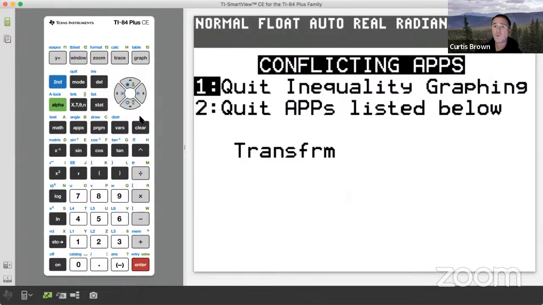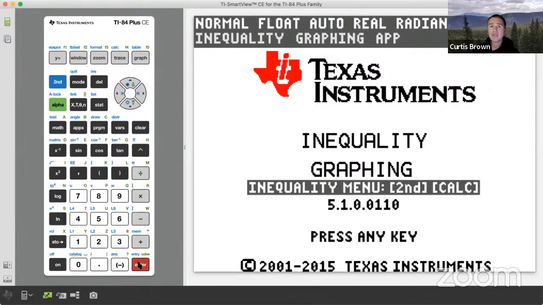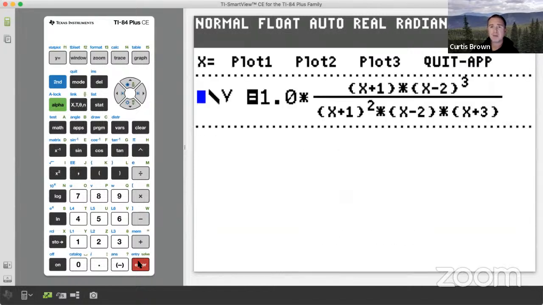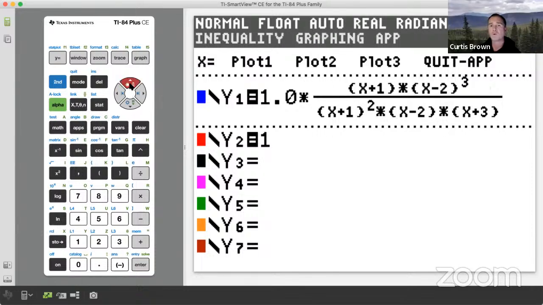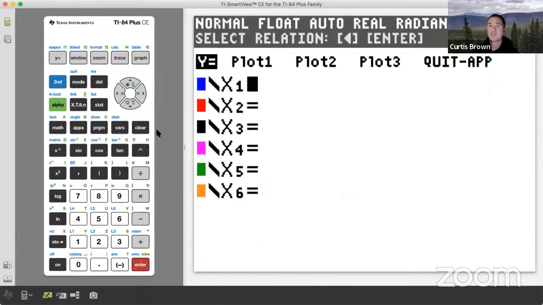Go ahead and quit the transform app, Tom, number 2 there, and then go back and press any key. I always have trouble finding the any key, by the way. Up in the upper left-hand corner, there's this x equals that shows up as part of the inequalities app. Now you can press enter there, and here you can type in inequalities.